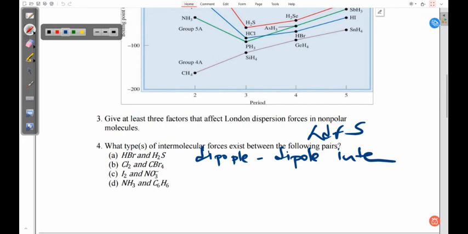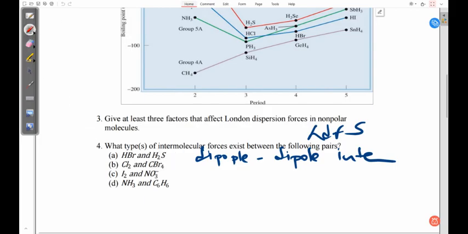For the second one, we've got chlorine. Chlorine is of course a non-metal. It's non-polar. There's no charge on chlorine, right? It exists in its natural form, so chlorine is a gas, non-polar. Now this one, carbon connected to bromine. Carbon is in group 4.